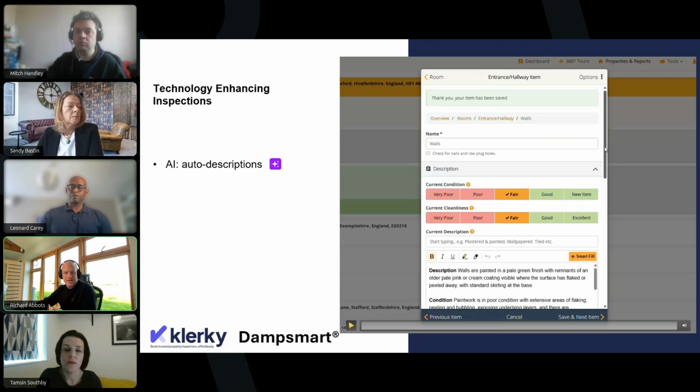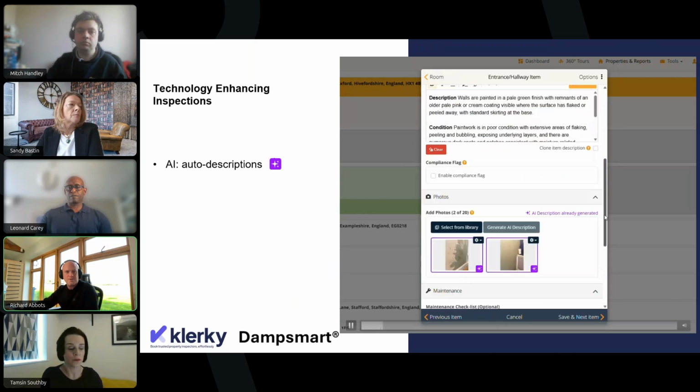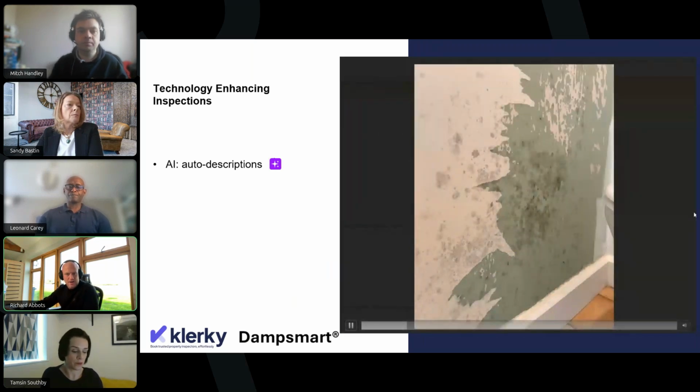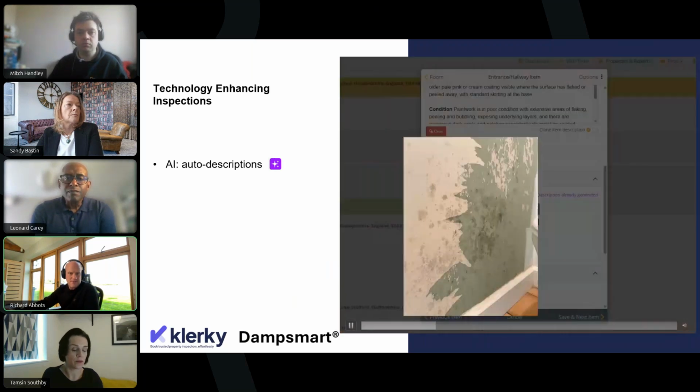In addition, our sister company, Inventory Hive, has launched AI photo descriptions in beta with our existing users. That essentially means you can have a photo of an issue and the AI will describe in a very factual way what is in that photo.